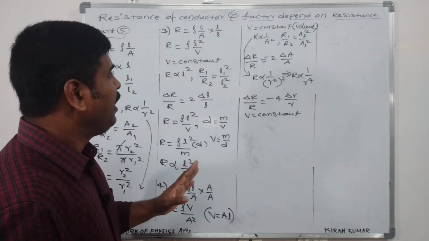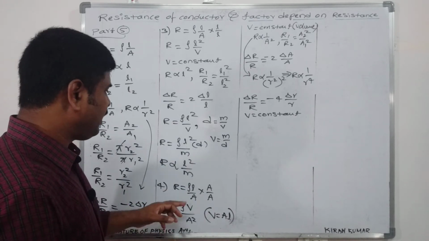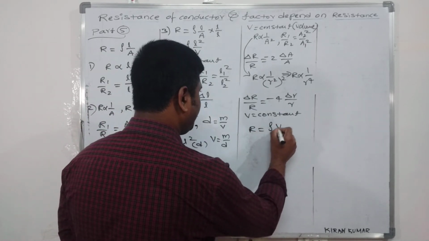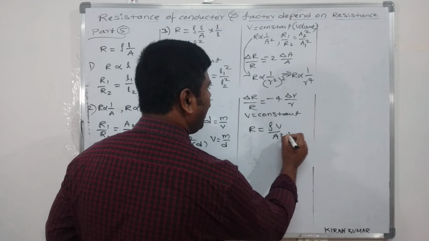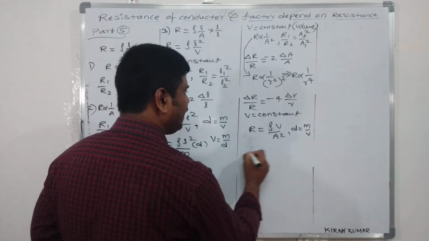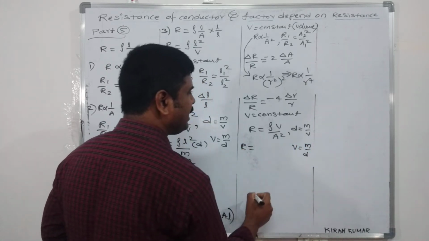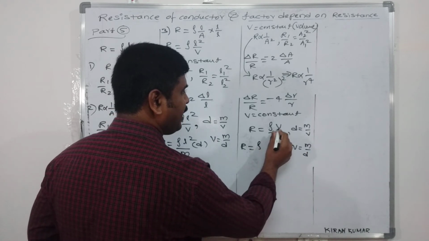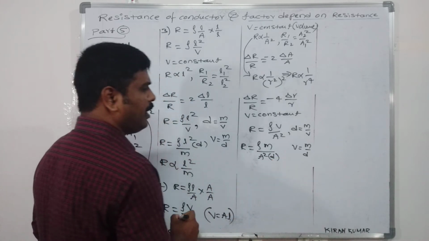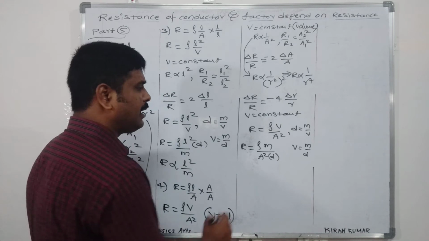So now next here also we can replace one thing, that is volume. So R is equal to rho V divided by A square, and density is equal to mass by volume. So volume is equal to mass by density. So R is equal to rho into M divided by A square into D. So here V is equal to M by D. D is the density.